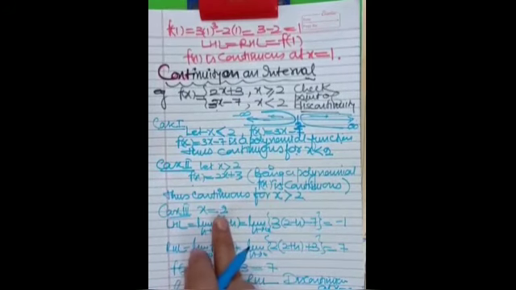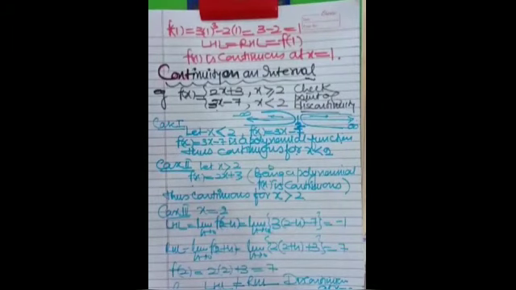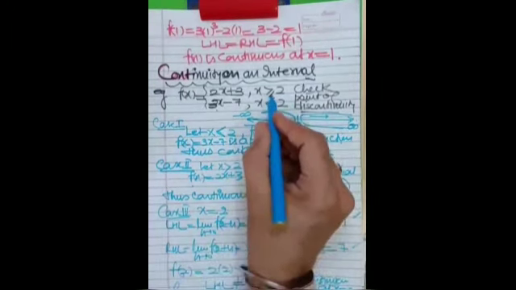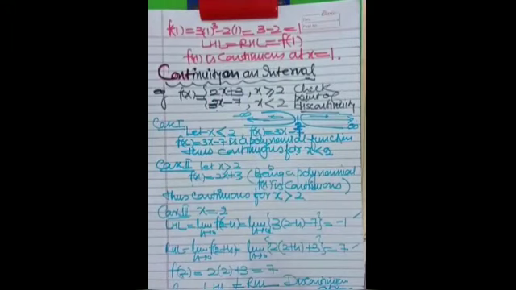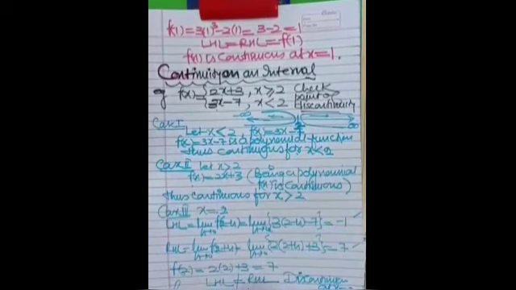Now at 2 you have to check the continuity. Now we will find LHL and RHL both. LHL is your -1, RHL is 7, and the value of function, because equality is here, we will put 2 here. 2 twos are 4 plus 3 is 7. LHL is not equal to RHL. Discontinuous at 2. Point of discontinuity is x equal to 2.